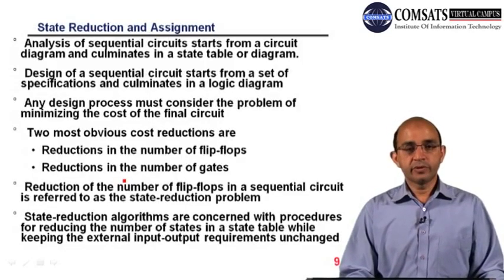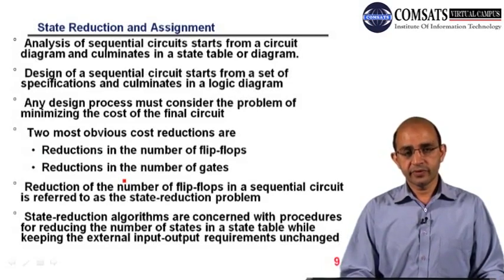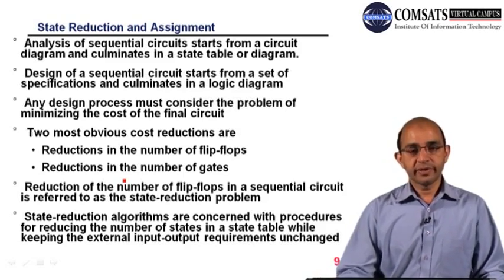Okay, so let's talk about state reduction and state assignment. If I compare this with combinational circuitry, whenever we have a Boolean expression or a truth table, we have to define or draw a combinational circuit on the basis of that.